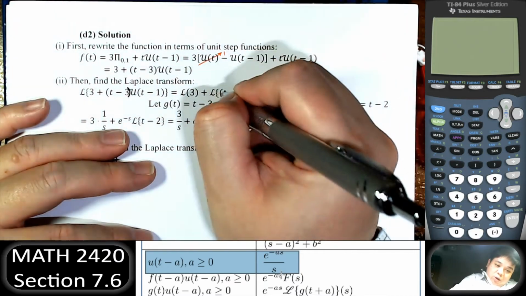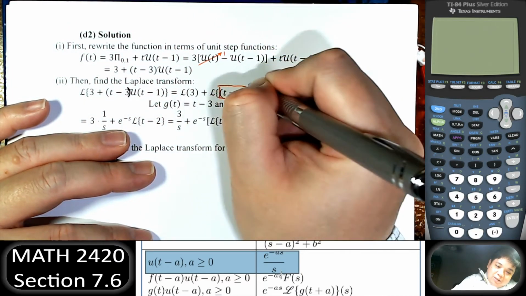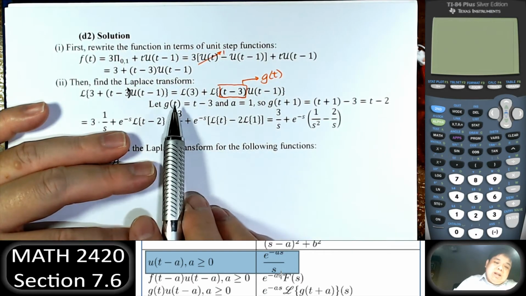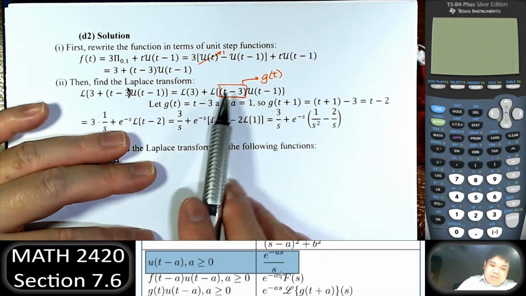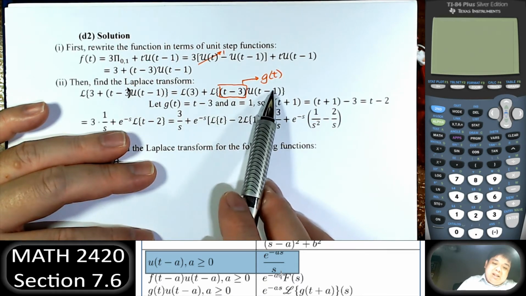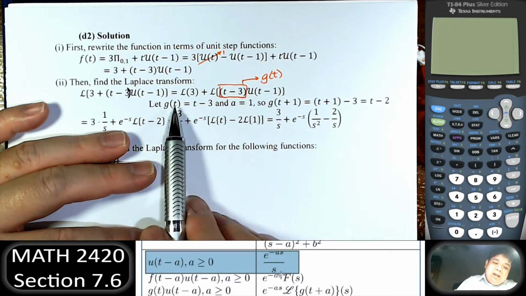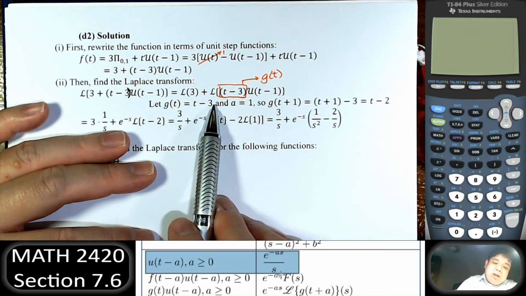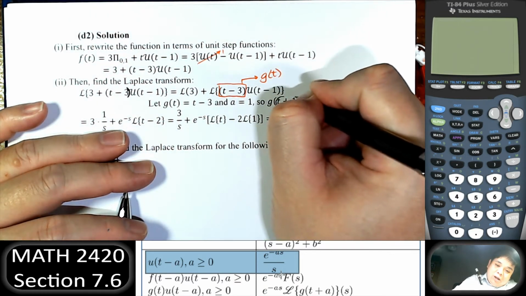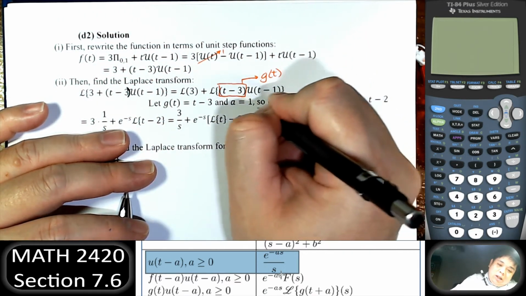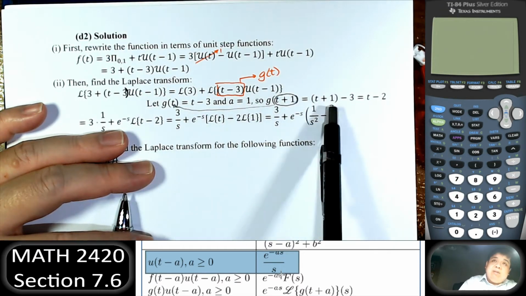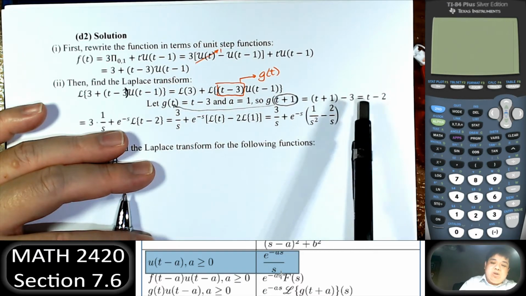So what we do is we're going to let this be g of t. So g of t is equal to t minus 3, right? And a is equal to 1 in this case. So g of t plus 1, simply I just put t plus 1 into t. Right? So instead of t, I will have t plus 1 minus 3, so t minus 2.